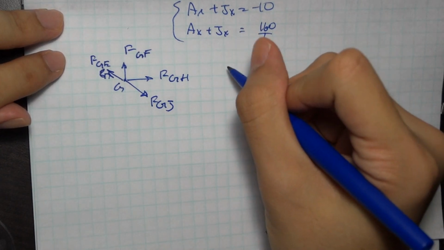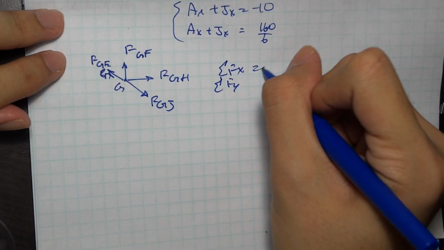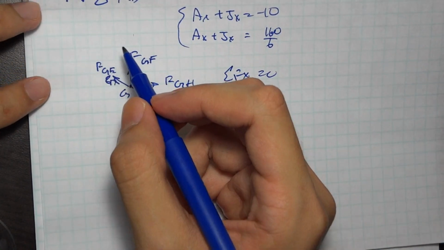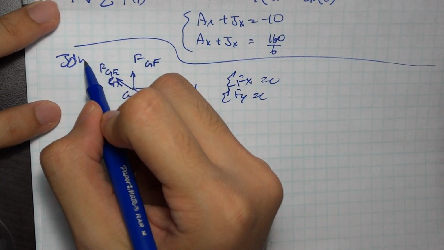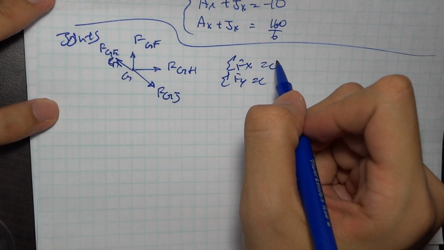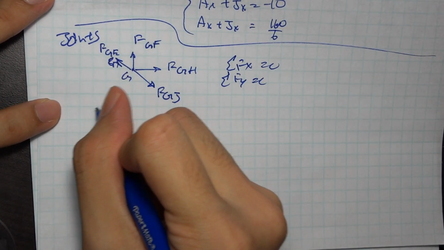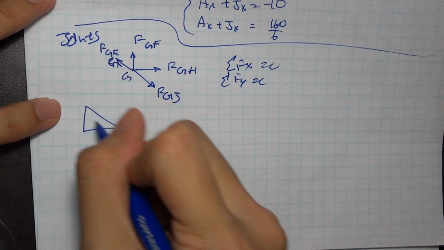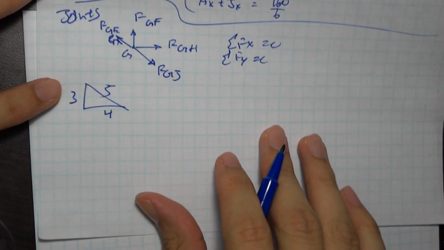For method of joints, you have 2 equations, sum of forces in x and sum of forces in y. If we were trying to draw sum of Fx, I'll note here, we have a very nice triangle like this.